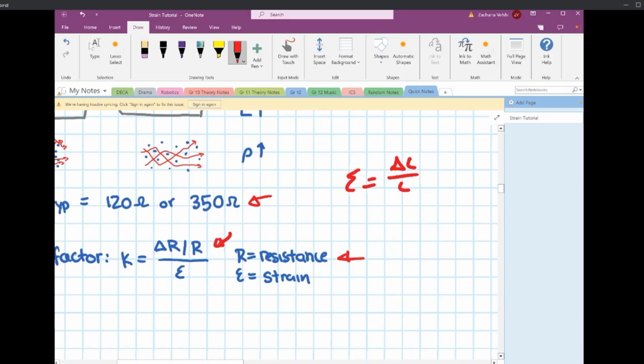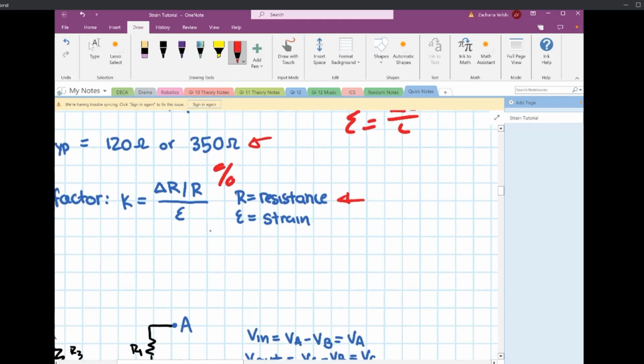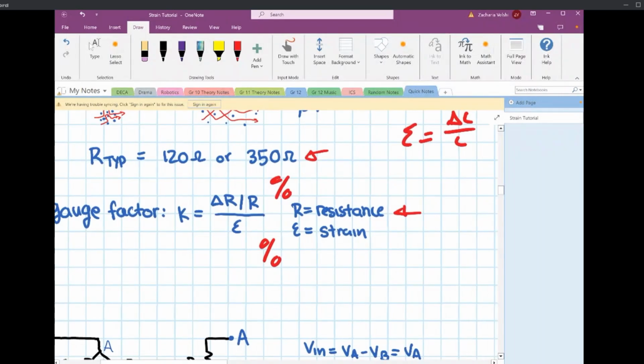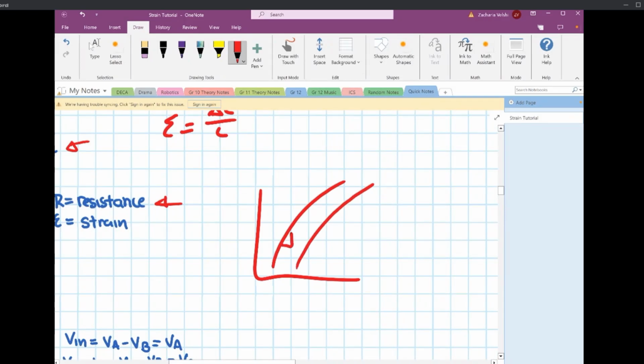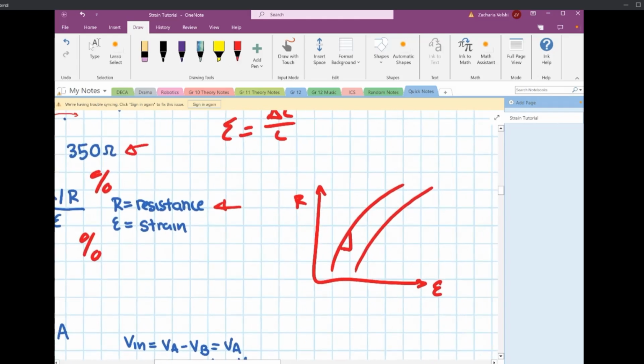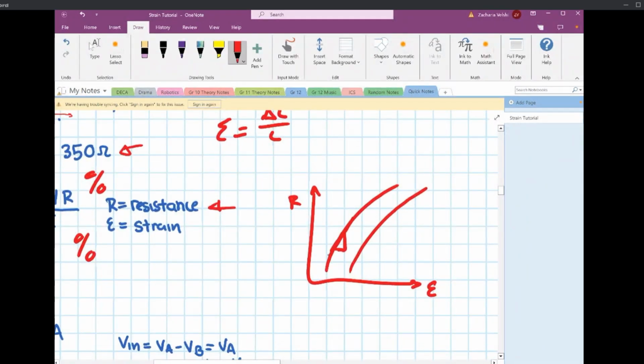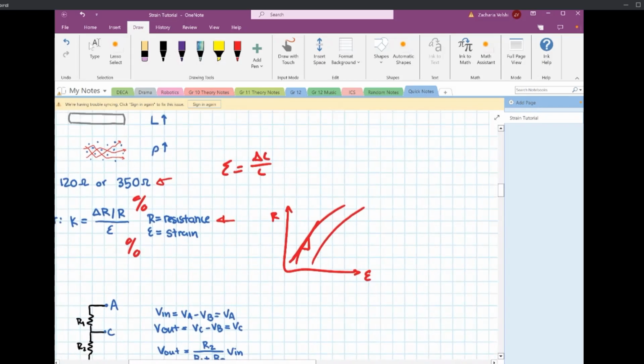So you have your percent change of resistance and your percent change of the actual material length, and that determines your gauge factor. There's a whole way of describing it where you look at the stress-strain curves, and you look at this slope, R against epsilon, the instantaneous slope right here. It doesn't matter. It's just how the gauge factor is determined. It's the slope of that.